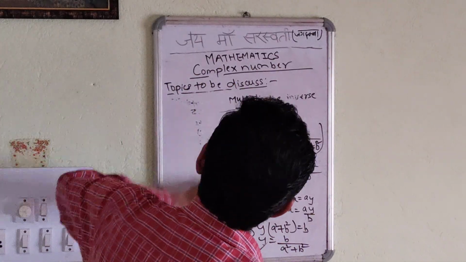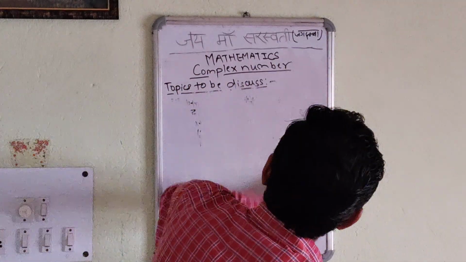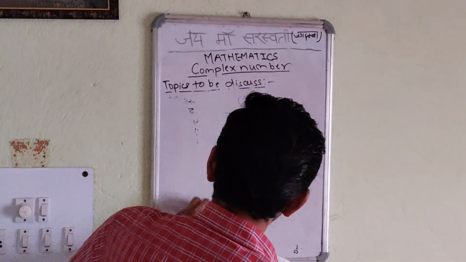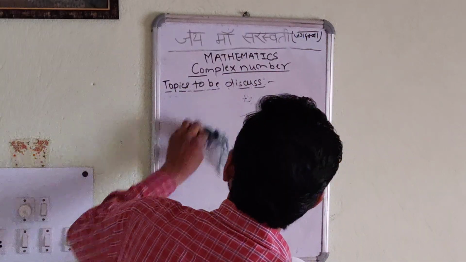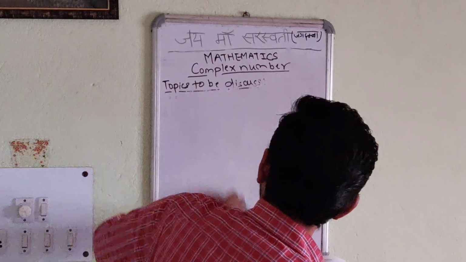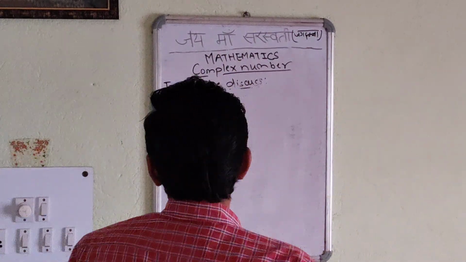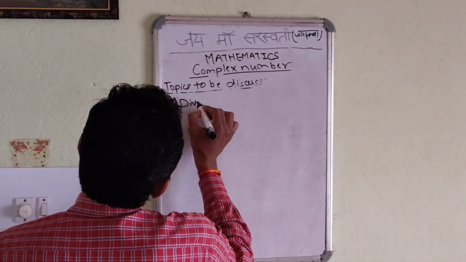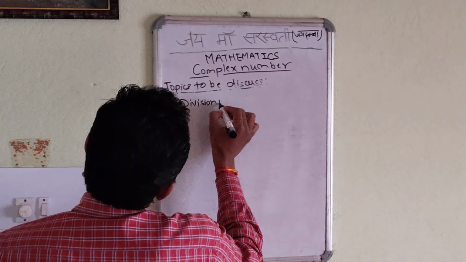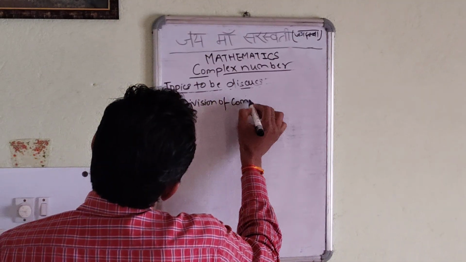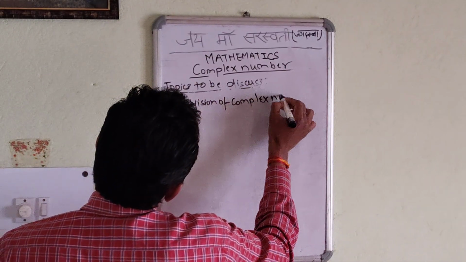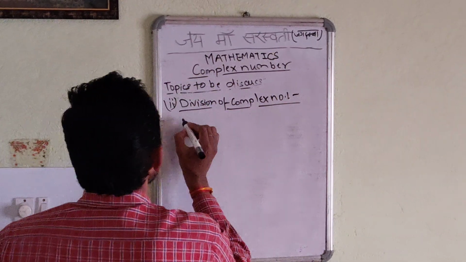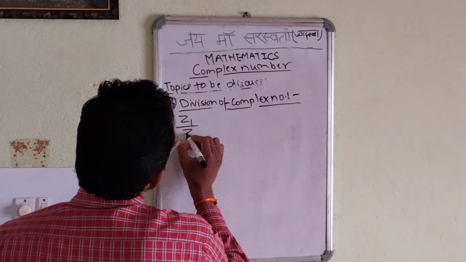Now we are moving to division of complex numbers. Suppose we have two complex numbers, z1 by z2.